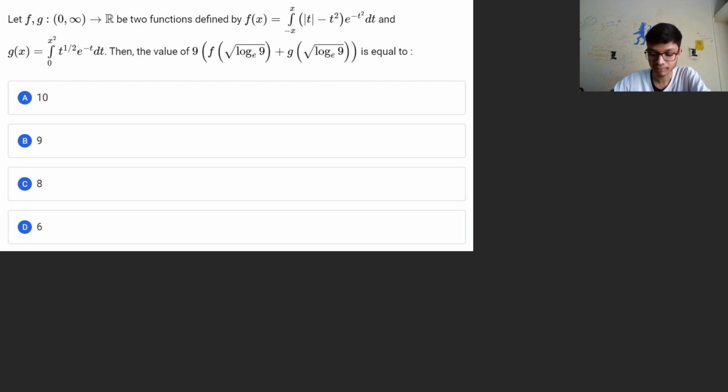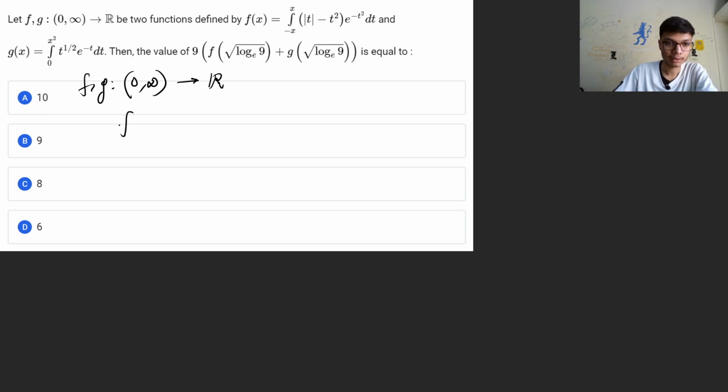The next problem is again a very interesting problem. Let us read what it tries to say. There are two functions f and g, and both functions have domain from 0 to infinity and codomain as the real numbers. They are defined by f of x equal to the integral from minus x to x of mod of t minus t square multiplied with e to the power minus t square dt.